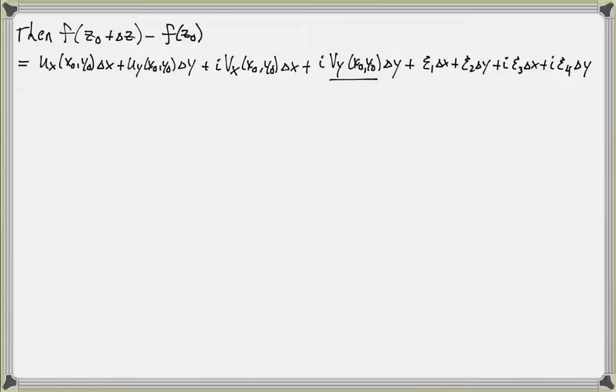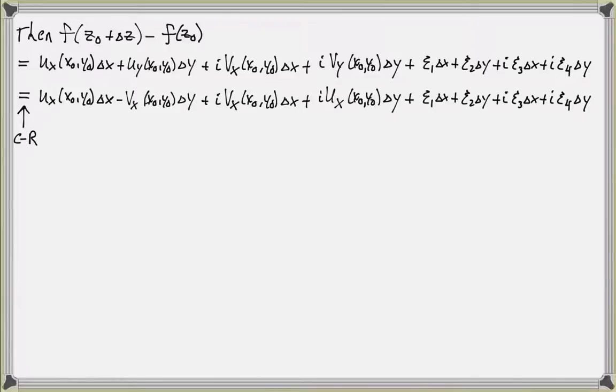So I'm going to use the Cauchy-Riemann equations now. So I wrote the derivative of u with respect to y as minus the derivative of v with respect to x, and I wrote the derivative of v with respect to y as the derivative of u with respect to x by the Cauchy-Riemann equations.